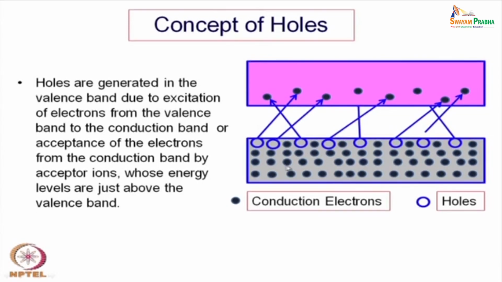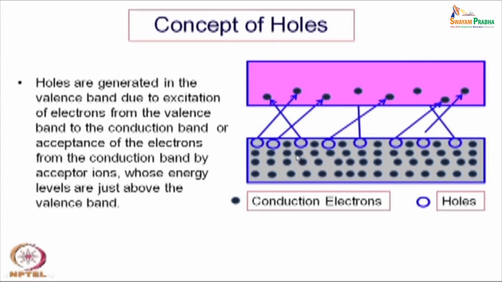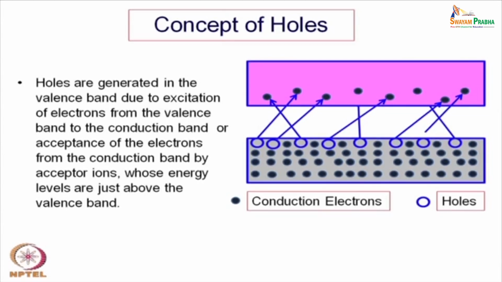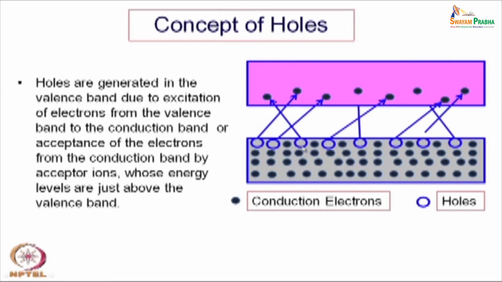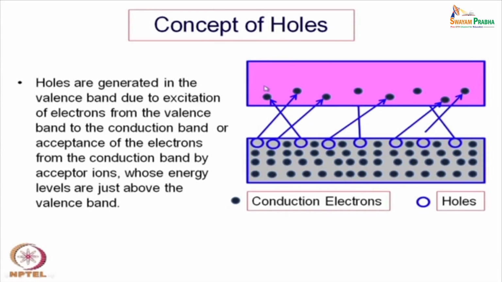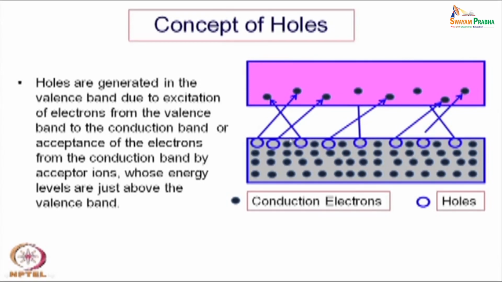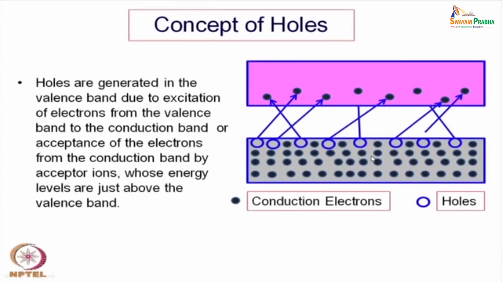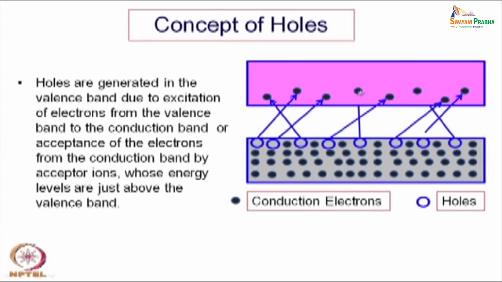This is filled up with the electrons, and once some thermal energy, for example, is provided to it, these electrons accept this thermal energy and get energized. So, the energy content increases and goes to the next level in the conduction band. Now, once these electrons have got excited from the valency band to the conduction band, consequently there are some vacant sites.